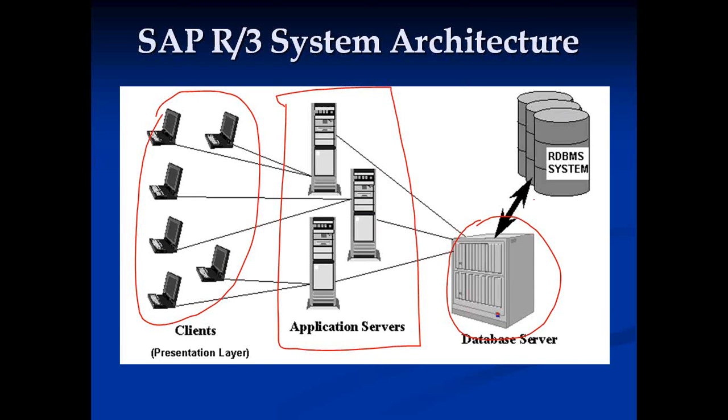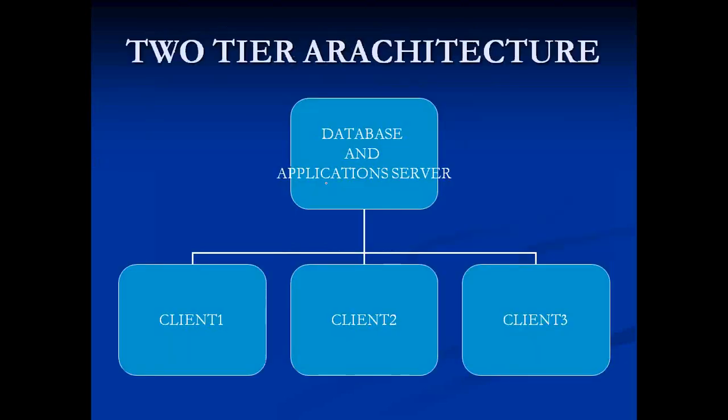They can be accommodated in any of the existing application servers because these application servers are connected with each other through message servers. So all these are technicalities. That's why nowadays we are using only the R3 system architecture. The R1 and R2 are totally outdated.